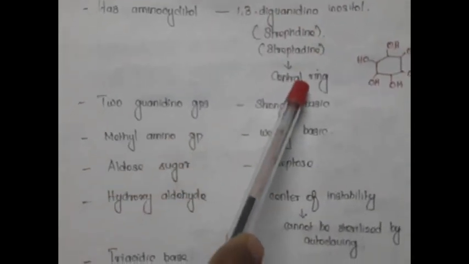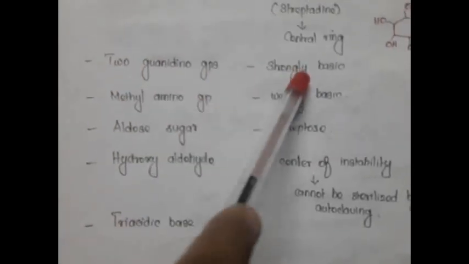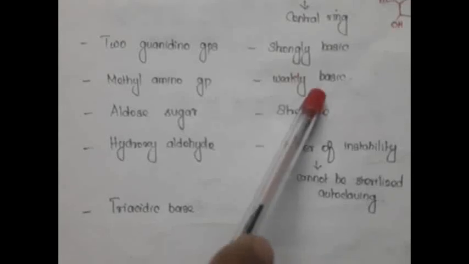So what is the aminocyclitol moiety present here? It is 1,3-diguanidinoinositol or streptidine, and that is the central ring present in streptomycin. Here we have seen it has two guanidino groups, and they act as a strong base. We have a methylamino group present in N-methyl glucosamine, which is the weakly basic one.